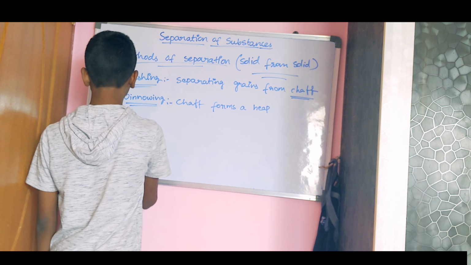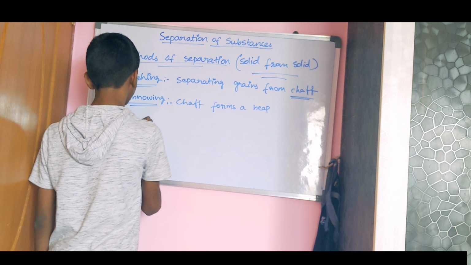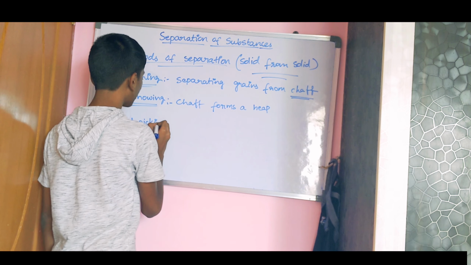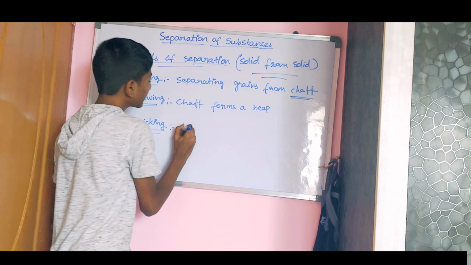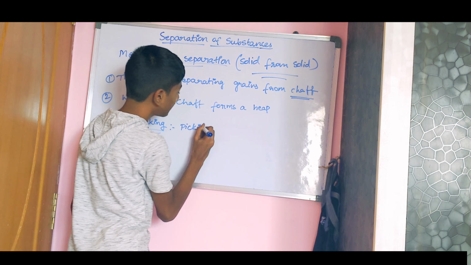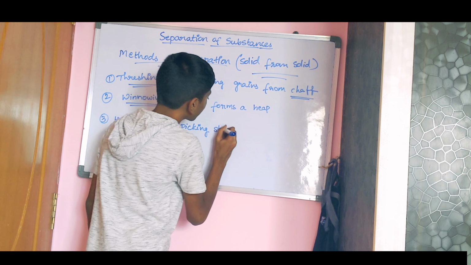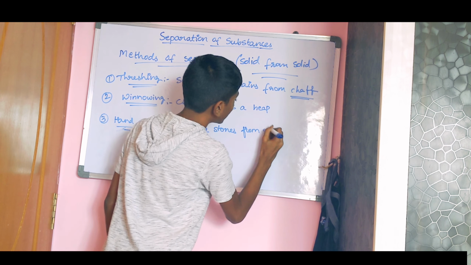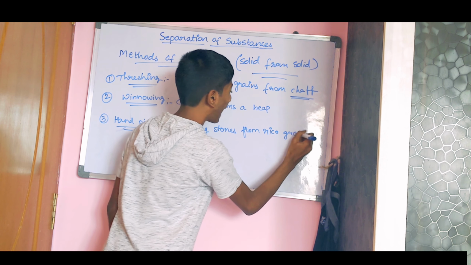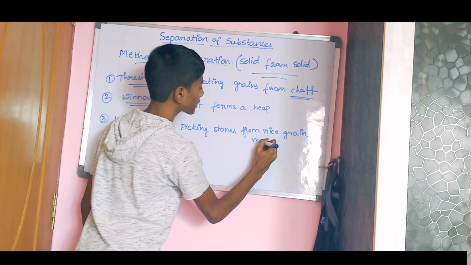Next one, hand picking. I think most of you are aware of this hand picking. As I taught you before, picking stones from the rice grains is the best example. Picking stones from rice grains manually. Manually refers to through hand.